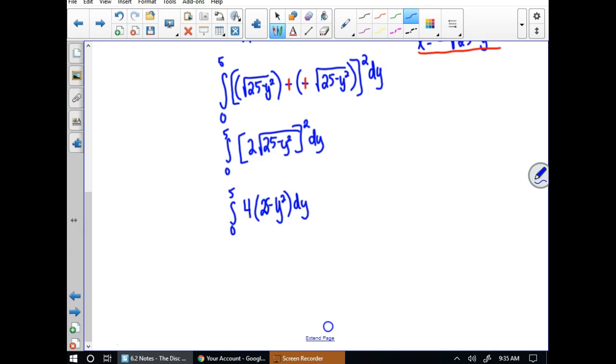And at this point, let's just grab our calculator and do that. You can put the 4 on the outside if you want.